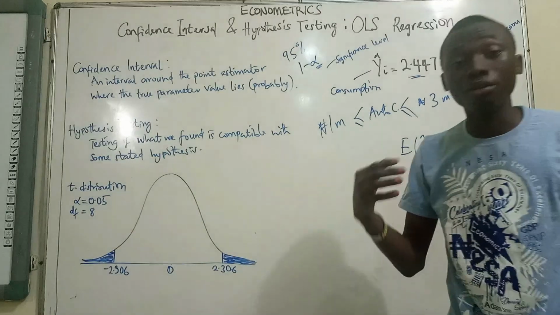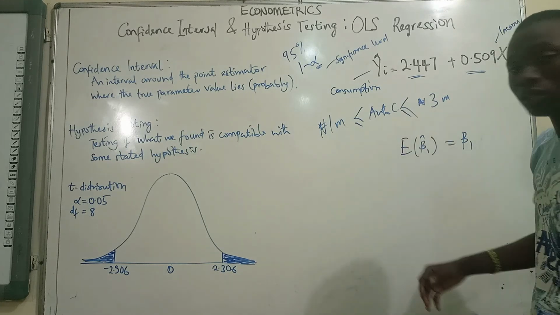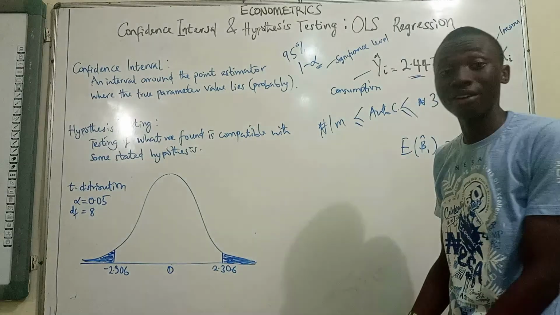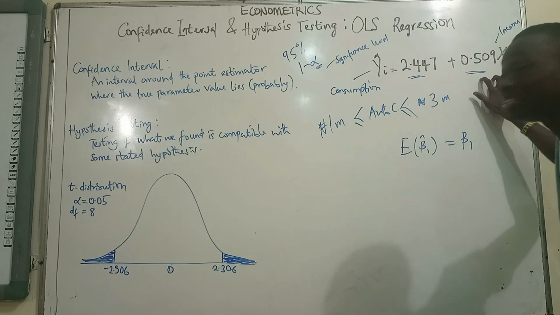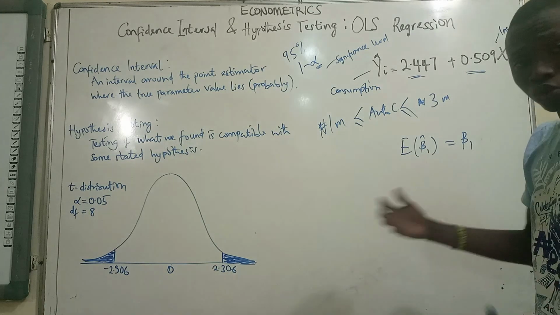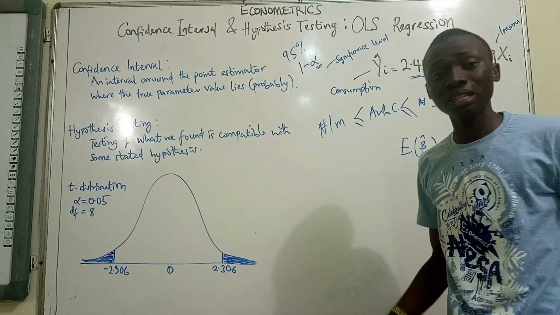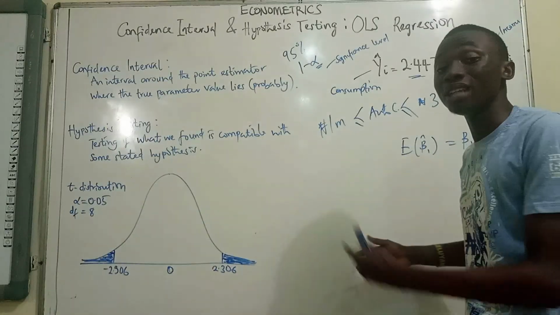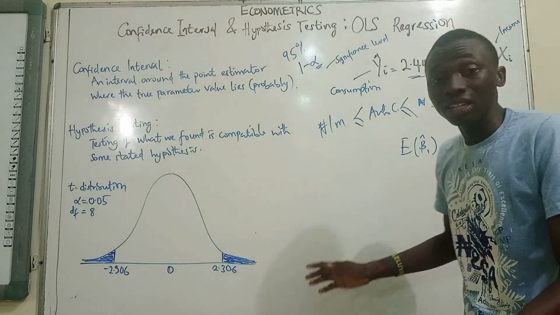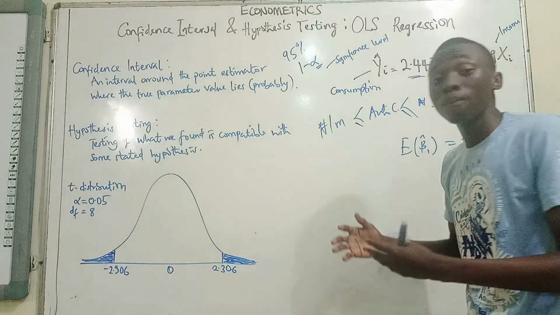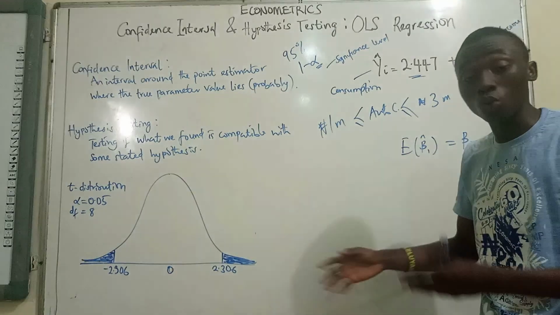For instance, a research has been done and they found the marginal propensity to consume in Nigeria to be 0.7, and now after we've carried out our own research, gathered data and got a regression line, we discover it is 0.509. You might want to test: is 0.509 statistically different from the 0.7 that was found earlier? Is this something that could have occurred by chance, so we still accept the hypothesis that Nigeria's marginal propensity to consume is 0.7, or do we reject it?